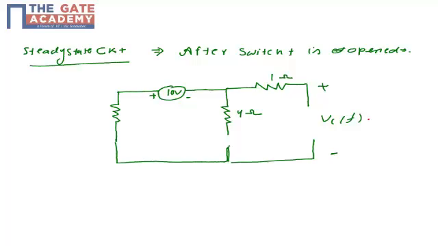So it is VC final, the final steady state value of the capacitor. This capacitor is again saturated and behaves like an open circuit, because the circuit has remained open for a long time. So there is no closed path in this circuit, so there will be no current flow.